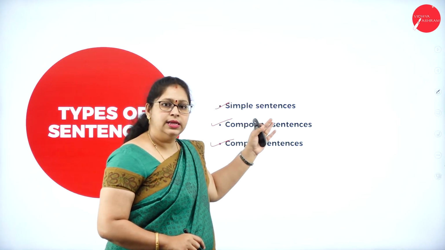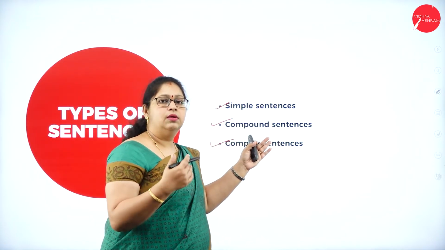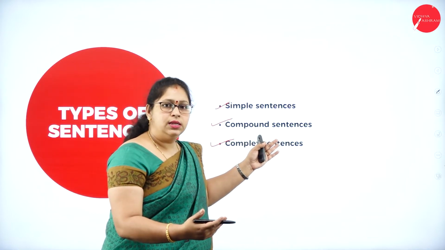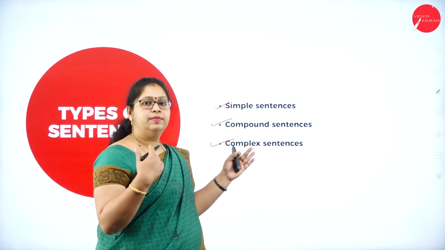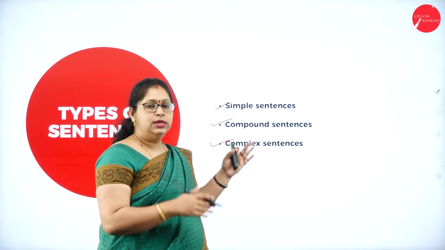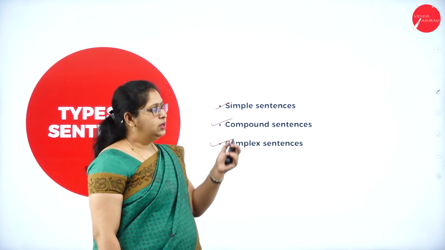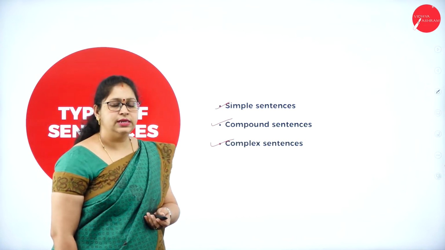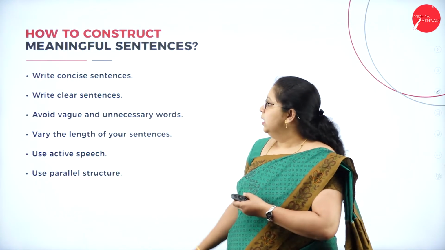In a compound sentence, there will be one main clause and one subordinate clause. Whereas in complex sentence, there can be more than one main clause or subordinate clause. Then it is called as complex sentence. So these are the three types of sentences in English which we find usually.